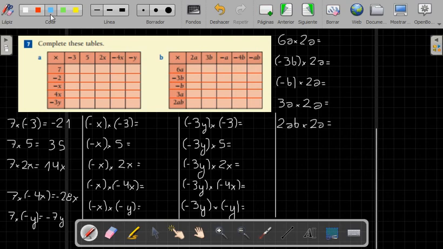So here we're going to write minus 21, 35, 14x, minus 28x, and minus 7y.